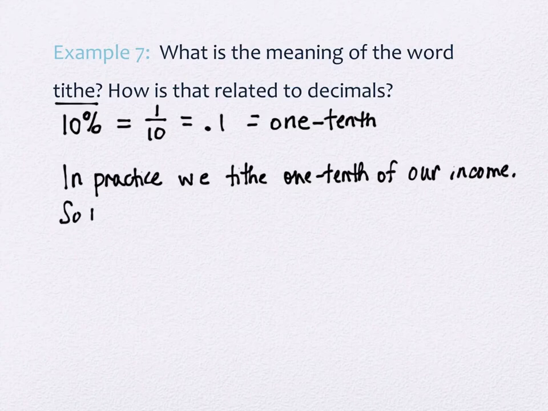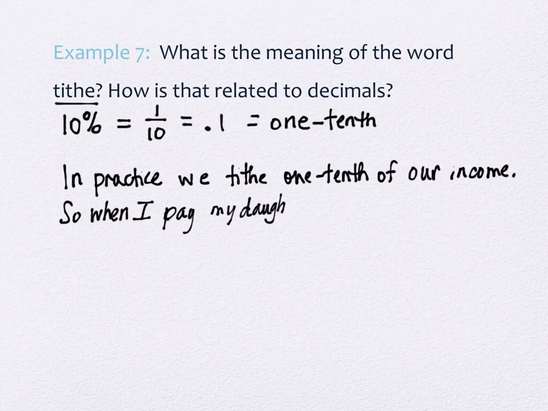So, for example, I'll say when I pay my daughter $20 for babysitting and doing my other daughter's hair.